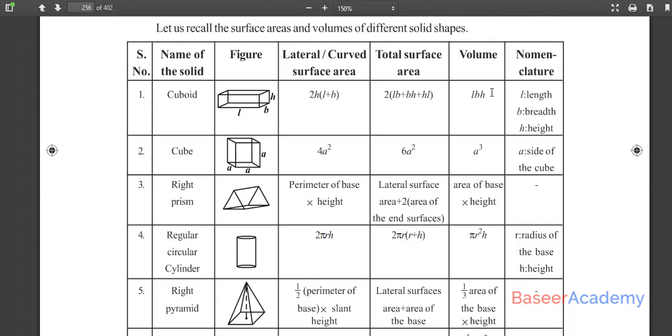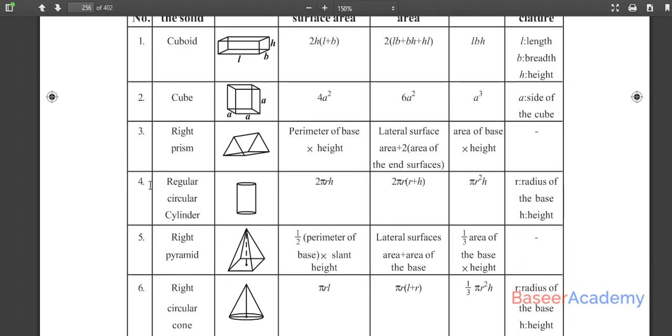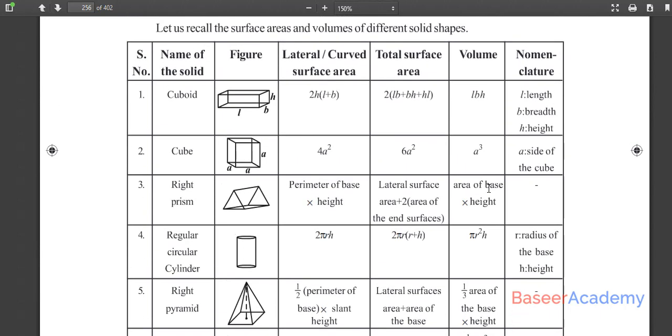If you add the powers of the variables in a volume, it will always be 3. For a cube also, the volume is a cube, so the power is 3. In our fourth example, a regular circular cylinder, the volume is pi r square h. The power of r is 2, the power of h is 1, and 2 plus 1 is again 3. So this one little hint will help you.